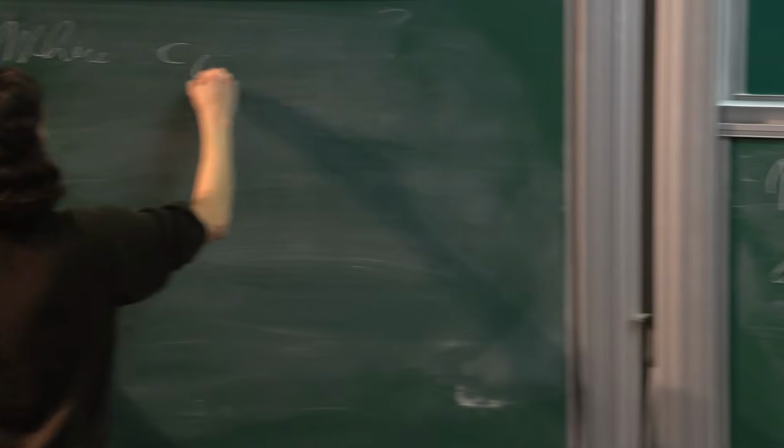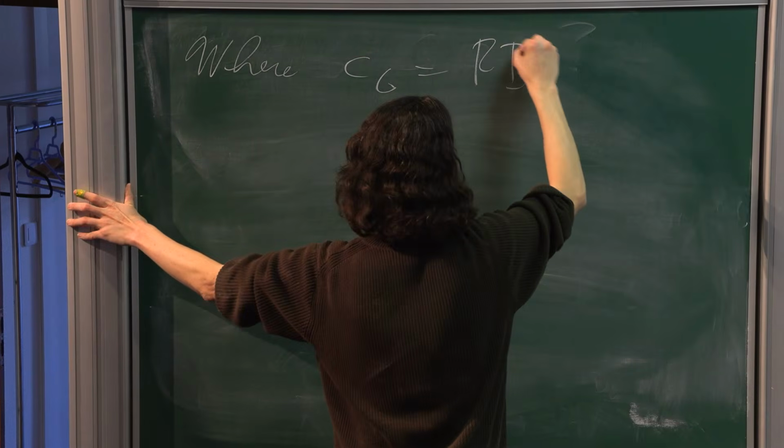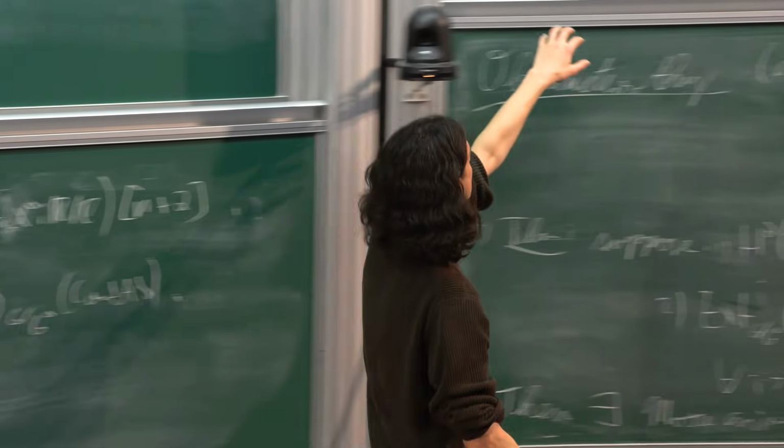Where CG is, so it's the thing that we're going to want to end up being this cohomology here.